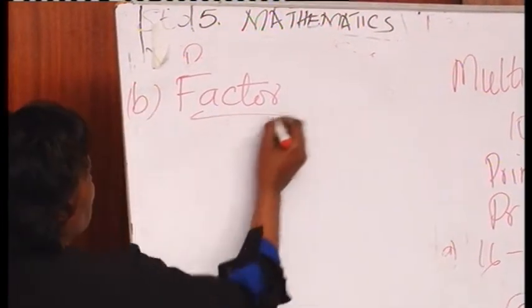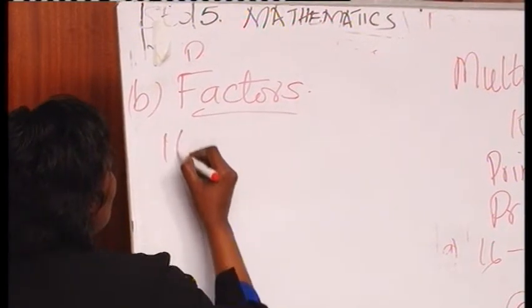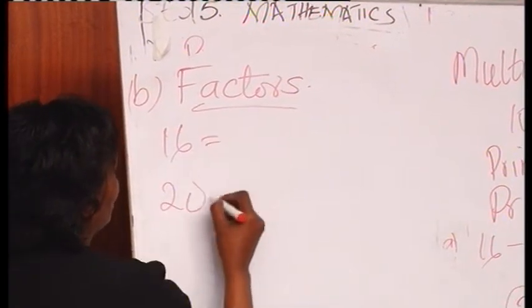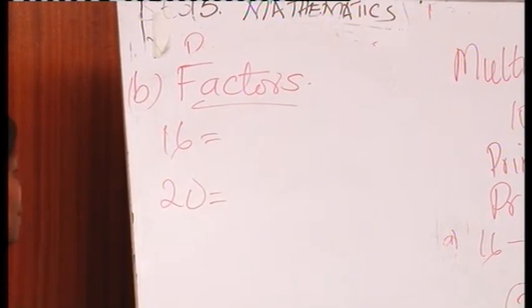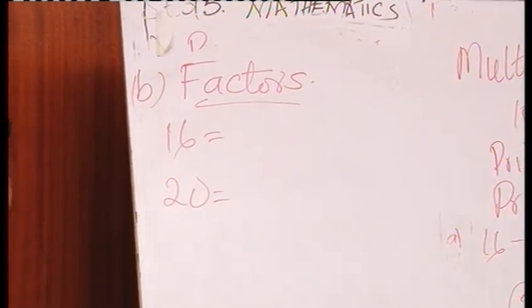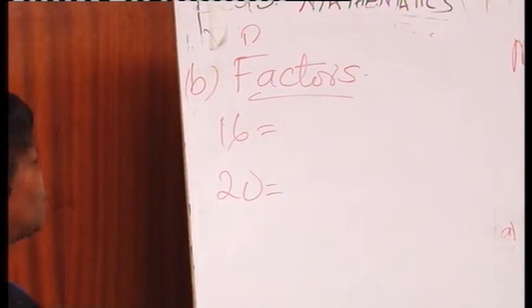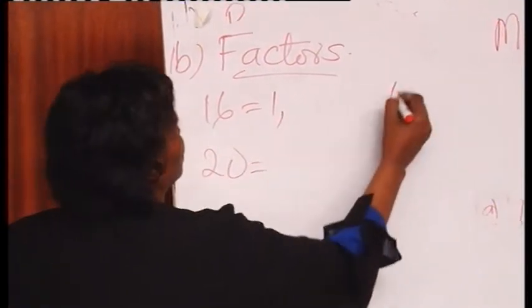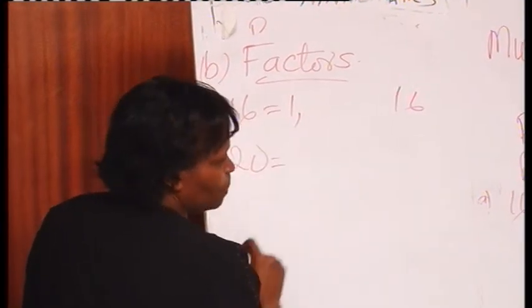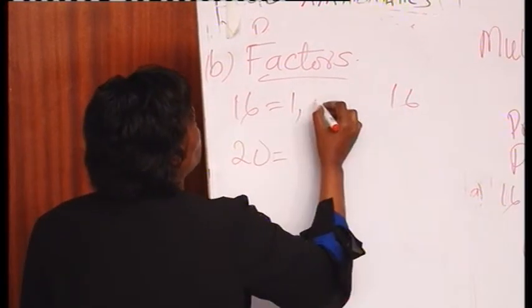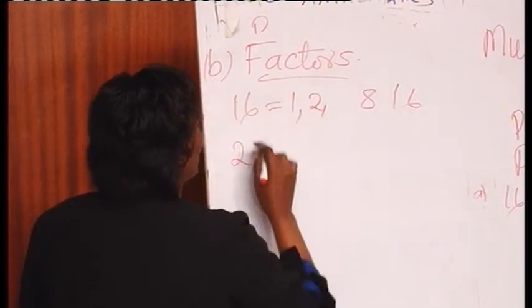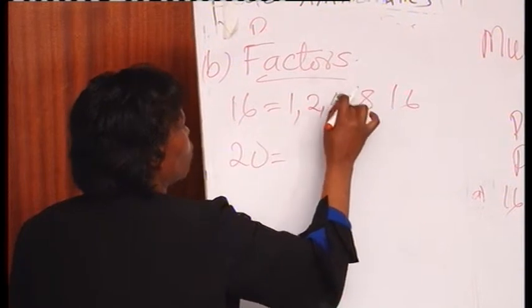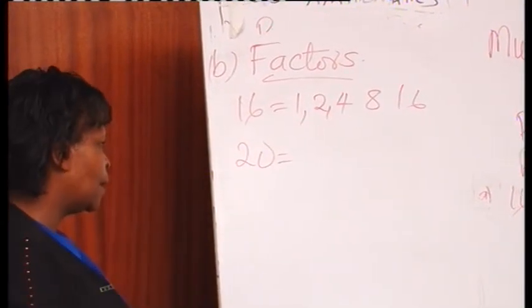If I was to use the factors, I'll write my 16 there and my 20. And then I ask myself, which are these 2 numbers in pairs that I can multiply to get 16? The first one is 1 and 16, like we did previously. Then the next one will be 2 and 8. And I also believe that 4 times 4 will be a factor.